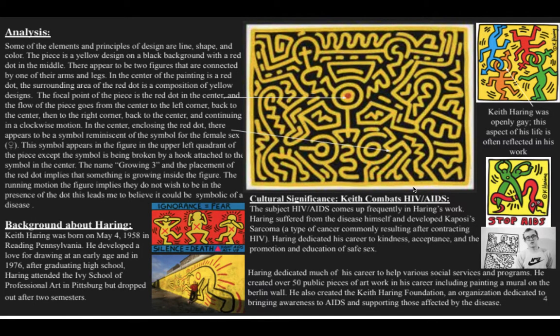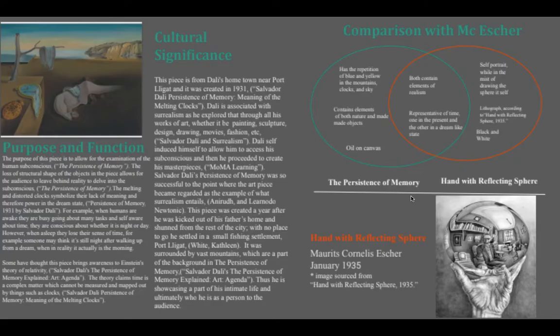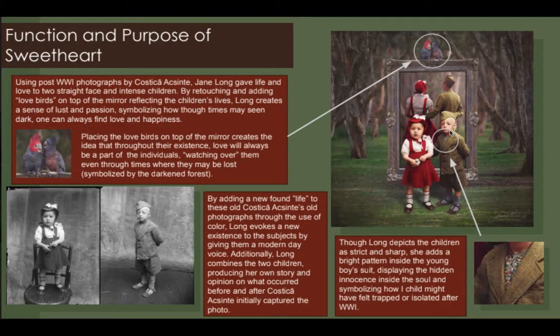Here are examples of the analysis and the cultural significance all going into one. This student just had a cultural significance slide. This student had cultural significance and purpose and function on one slide, along with comparing it to artwork around the same time.